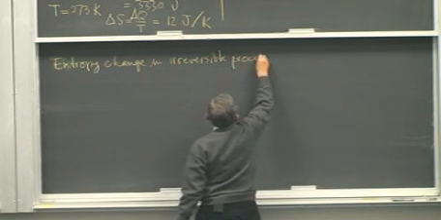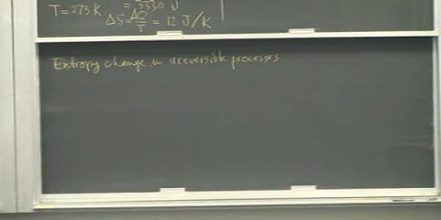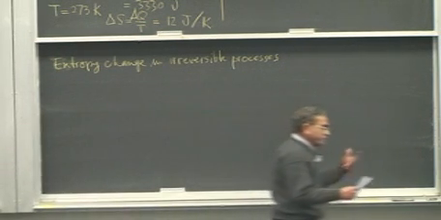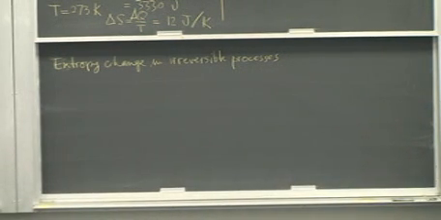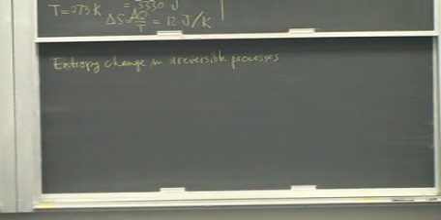Most of the processes that we see in nature around us are irreversible processes, and therefore we should know how entropy changes in irreversible processes. Only then shall we be able to formulate a law. That law would be, we are still waiting to define that particular law. That will be the second law of thermodynamics in terms of entropy. Okay?